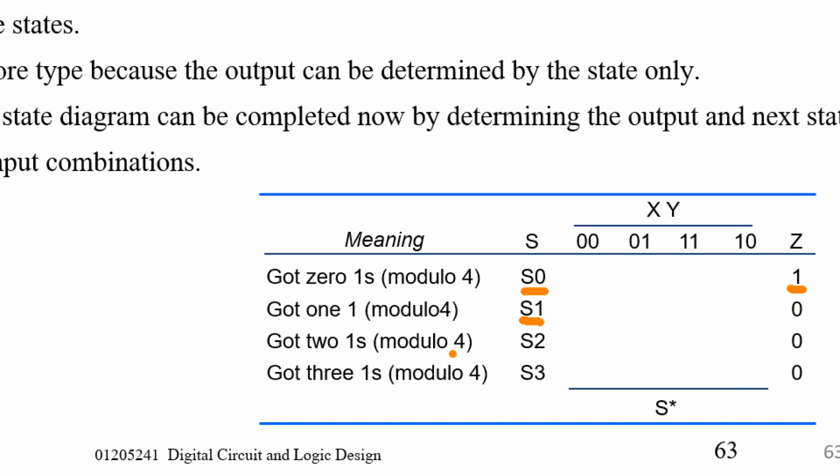If the remainder is 2, it's S2, which gives logic 0 output. And if the remainder is 3 when you divide by 4, it's S3, and this one also has output 0.